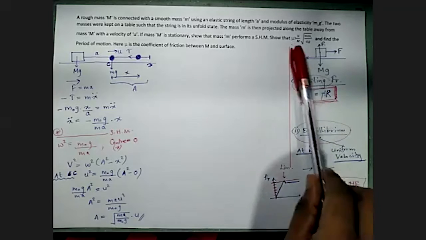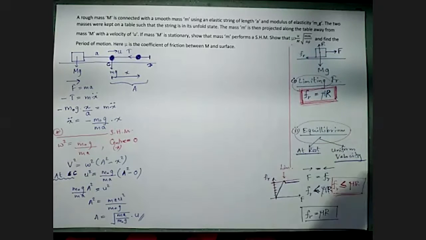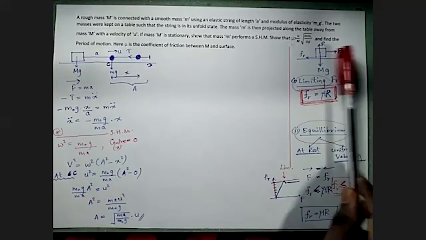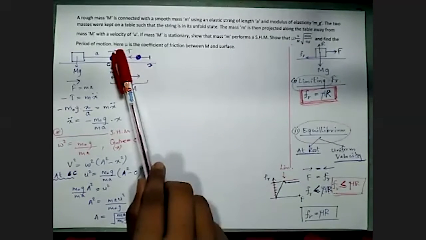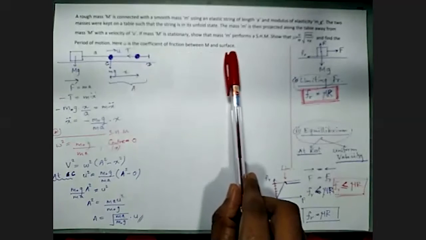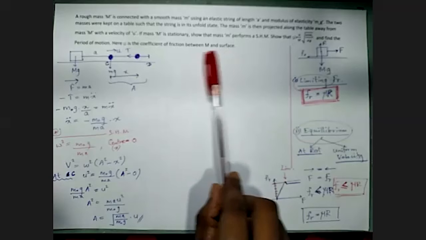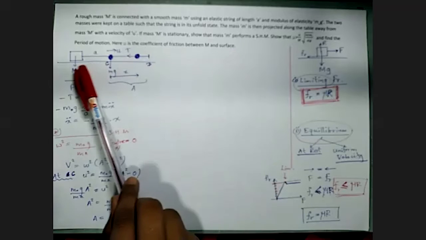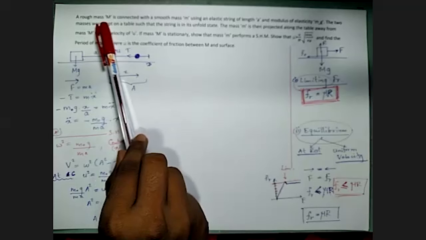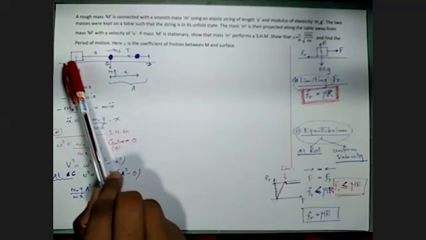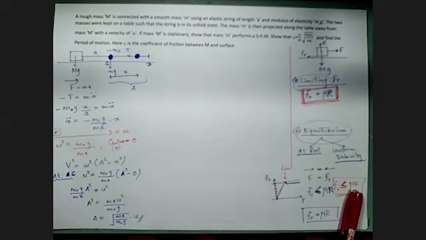In the first case, we have to identify or obtain an inequality like this. Show that mu. What is mu? Mu is the coefficient of friction between capital M and surface, because this capital M mass is rough.